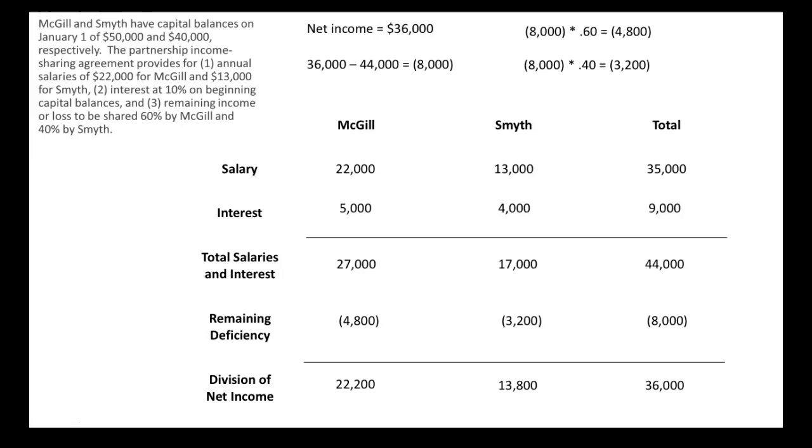Smith's capital balance is going to be increasing by 13,800. It's just not going to be increasing by as much as it did when they had a higher net income. Right, so they're still making money. They're still seeing their capital balances increase, even though there is a deficiency in this example.